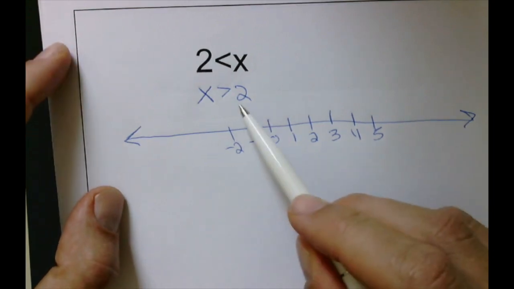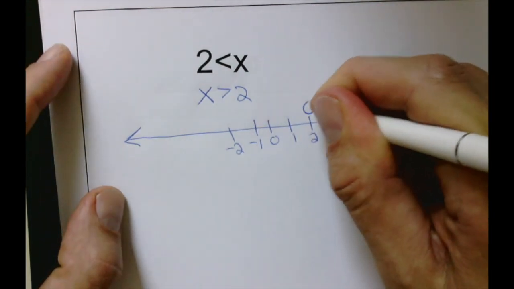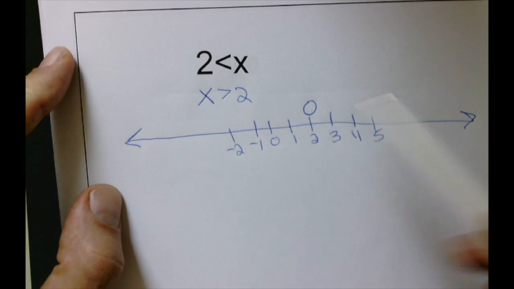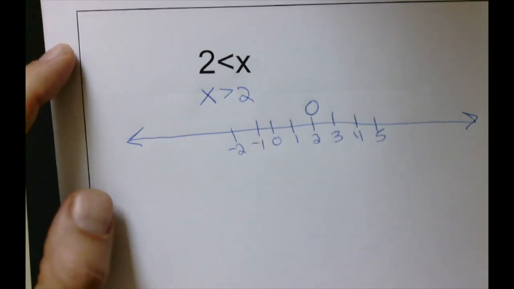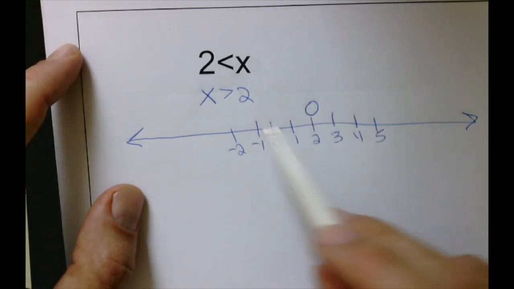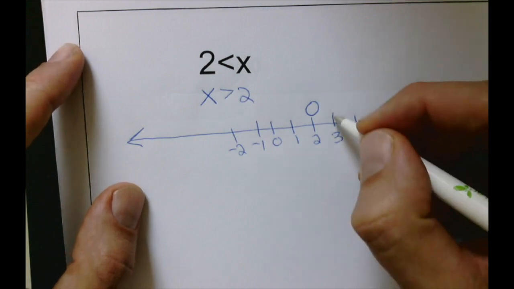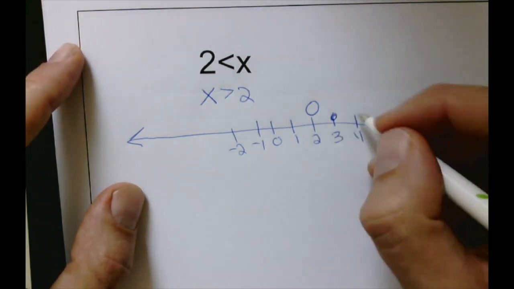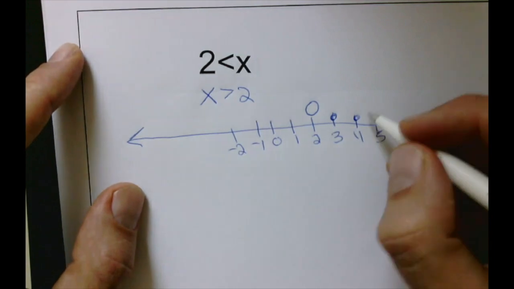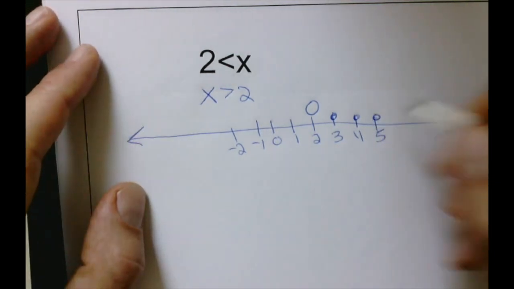Now I identify what number my problem's on, which is 2. I recognize I have an open circle. And next I'll think about solutions for this inequality. So 3 is larger than 2, 4 is larger than 2, and 5 is larger than 2.